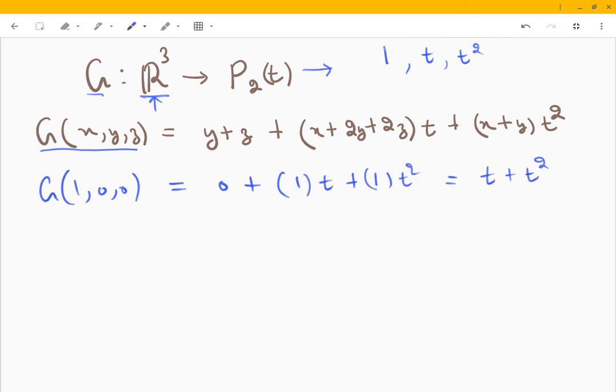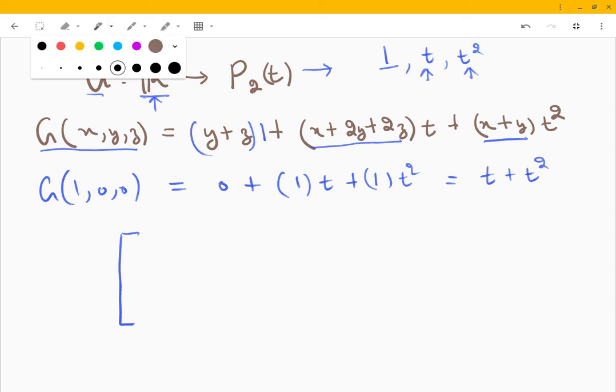Quadratic polynomials. Okay, now how would we define the transformation matrix? Pretty simple. This is the coefficient of 1, which is our first basis element, this is the coefficient of the second, and this is the coefficient of the third. So I write the coefficients: the coefficient of x is 0, y is 1, and z is 1.